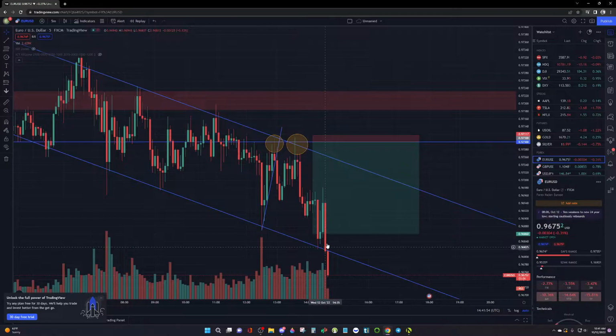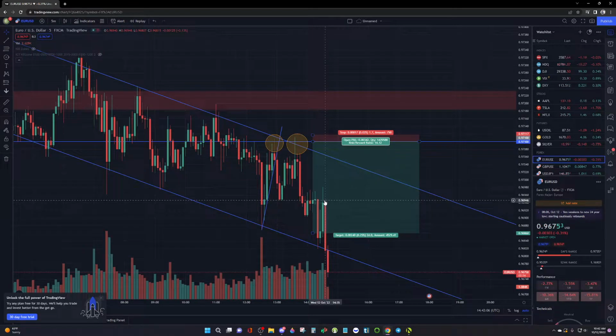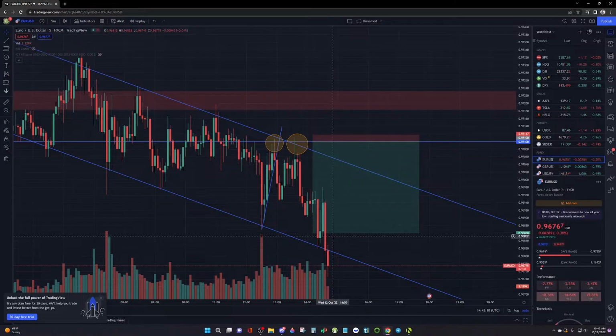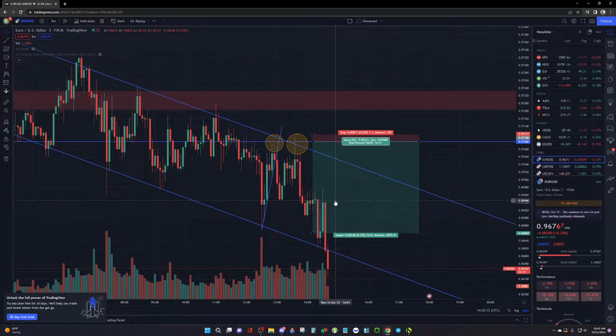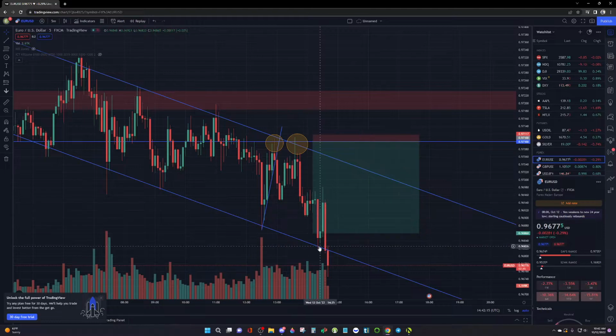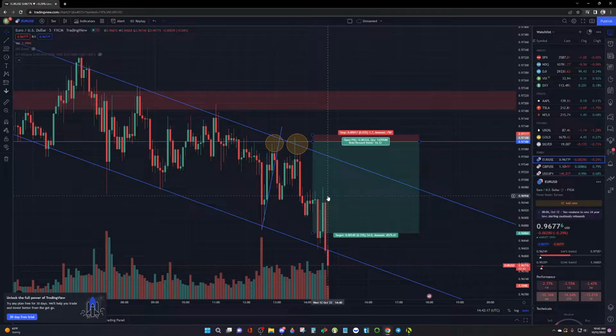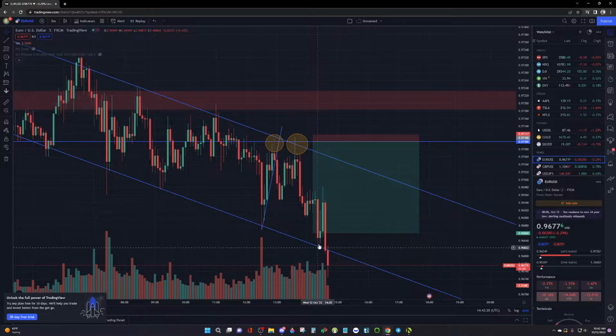Also, you could make money in these quick bounces. You could buy right here as shorts are starting to cover or get out of the position, and you can look for a quick buck. But like I said, you want to trade with the trend. You can find these little pops, but you've got to have tight risk, because yes, it'll go up. You can buy these dips on this lower trend line, just like I did here when I shorted up over here. You can make money on the opposite side.